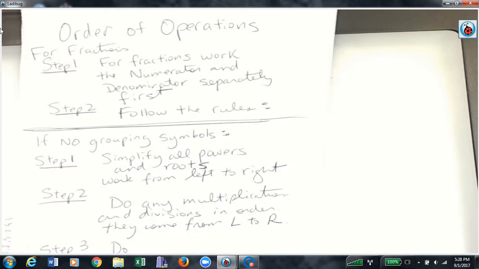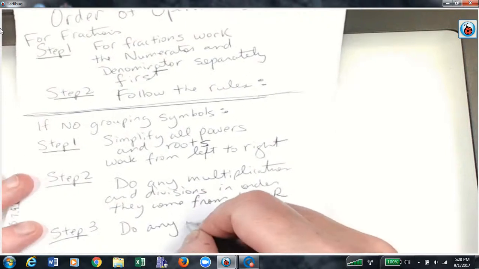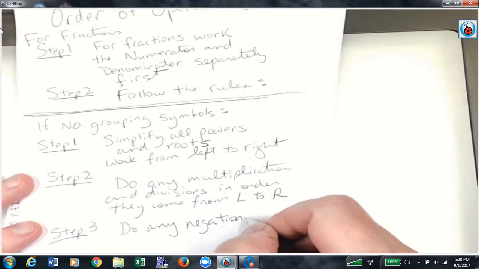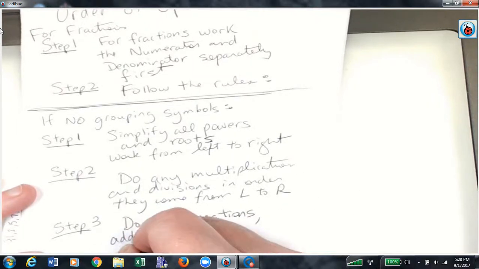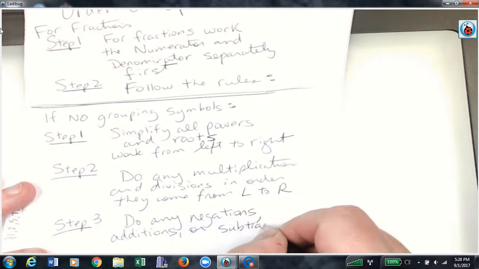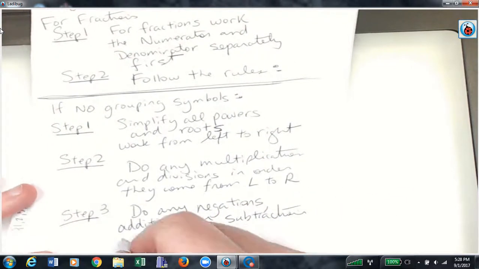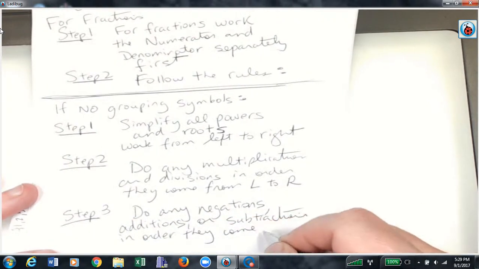So when you negate something, you change the sign of every term. So if I have -3 plus 1, then to negate that, I'd have +3 minus 1. You change the sign of every term. So do any negations. Then additions or subtractions in order, in the order they come, from left to right.